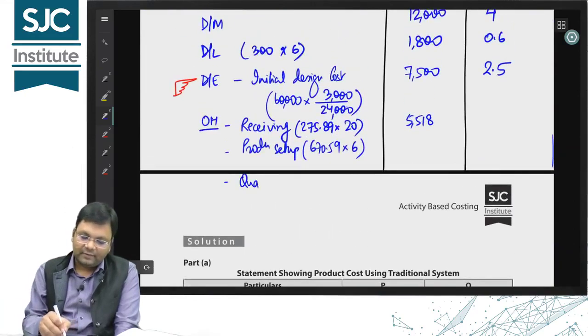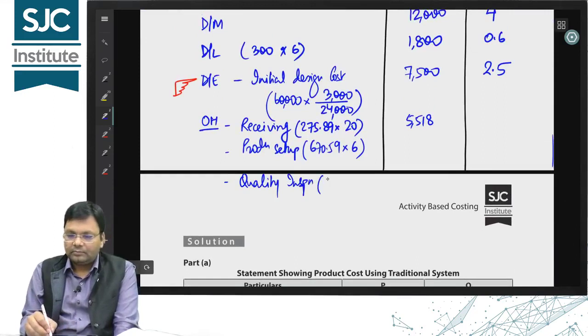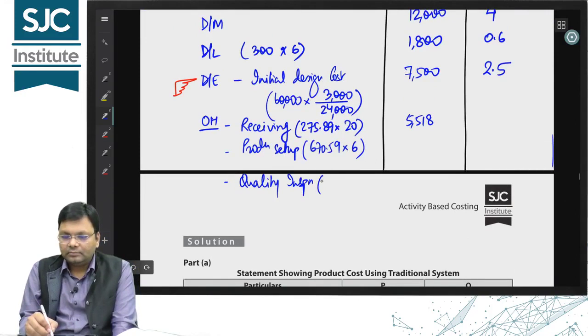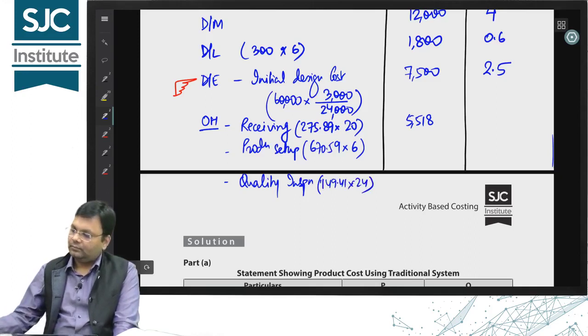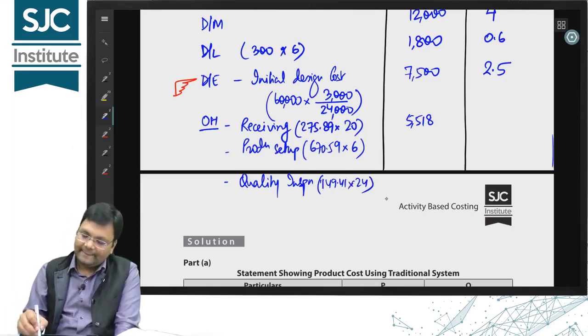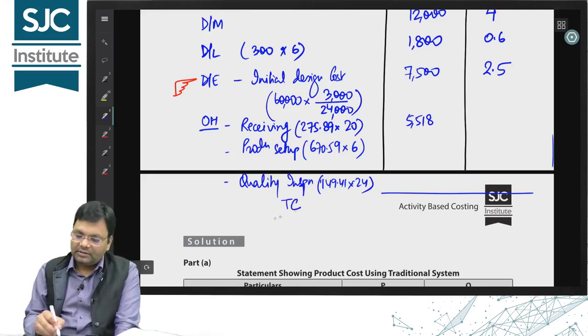So lastly we have quality inspection. Quality inspection rate is 149.41 into 24. So multiply, take the total cost, add markup 25% on total cost, and here you get the sale value.